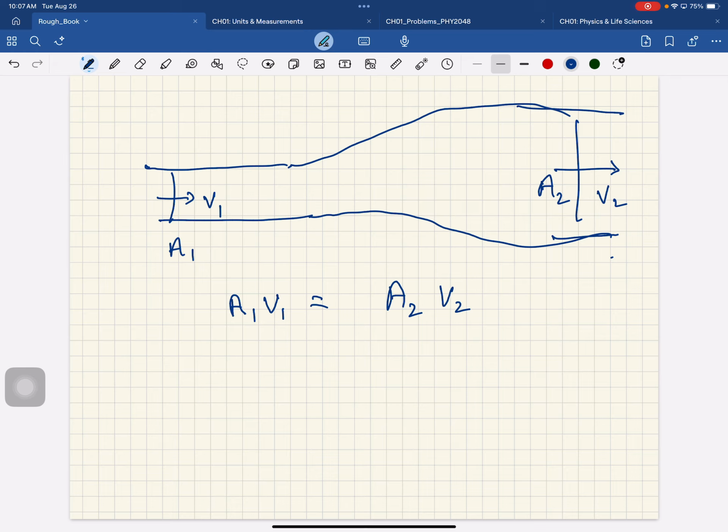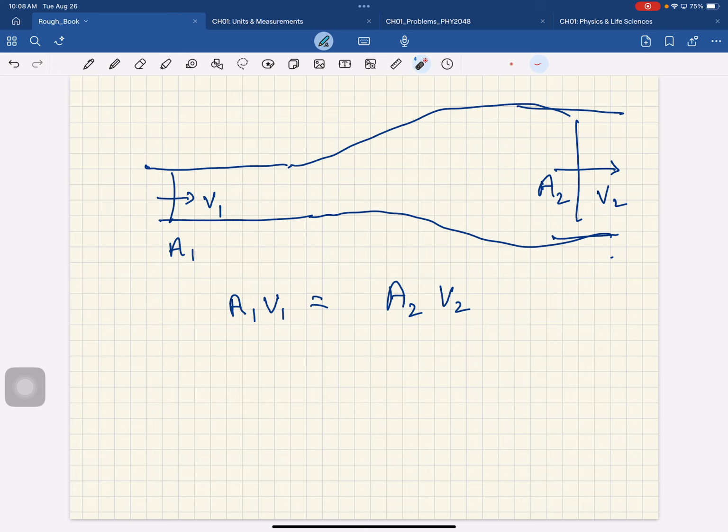Remember we talked about a pipe with varying width: if the pipe gets wider, the flow rate is the area of cross section times the speed. So if 2 gallons a minute flow in here, 2 gallons a minute have to flow out. So if this blood vessel got wider, the blood would get slower.